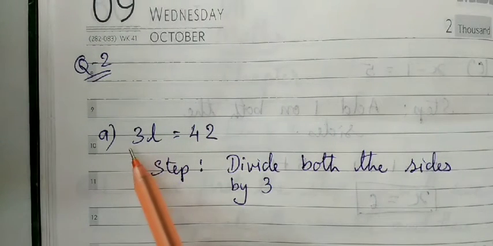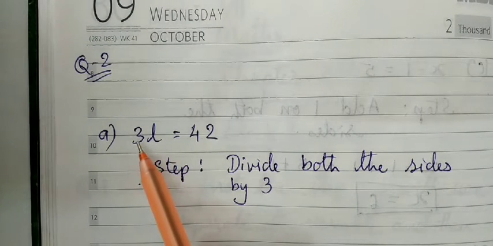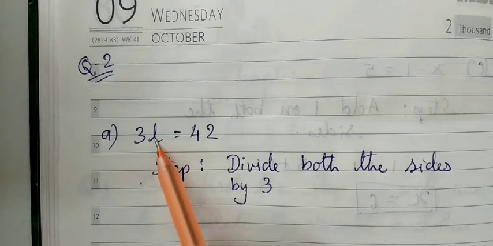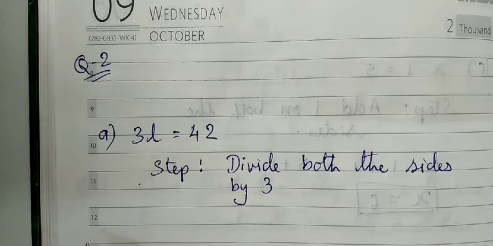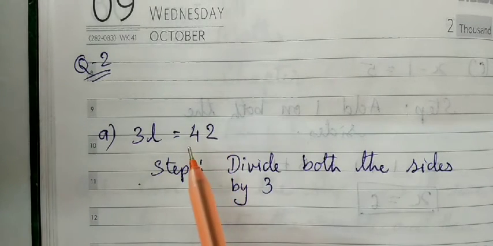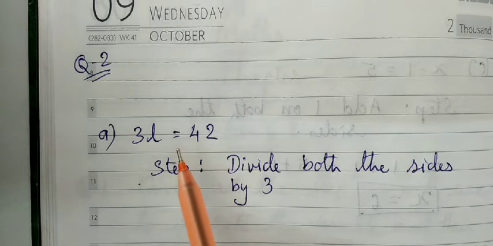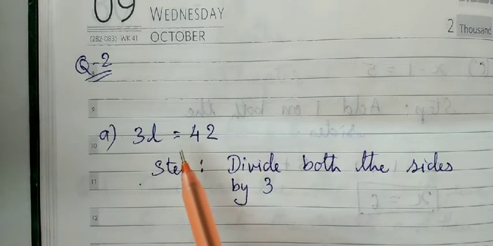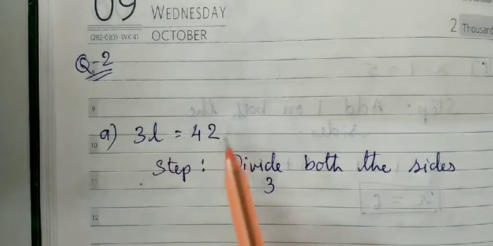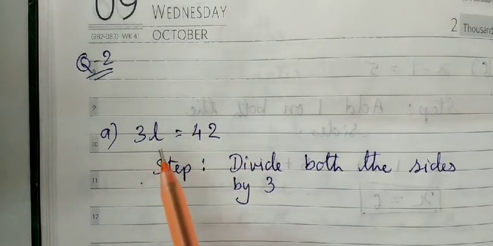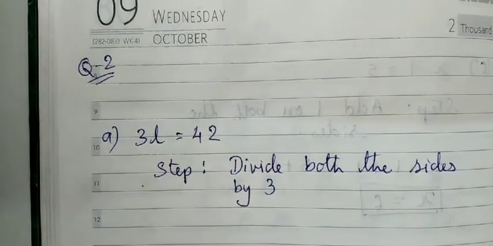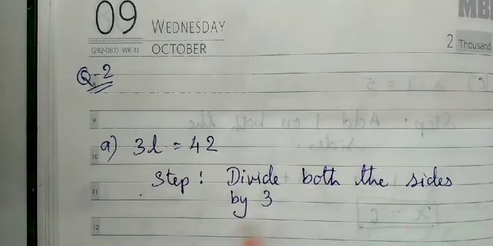Have you seen what we are dividing with? We are dividing with the number which is multiplied with L. In the previous question, you added or subtracted the number which was subtracted or added with the variable respectively. So divide both the sides by 3.